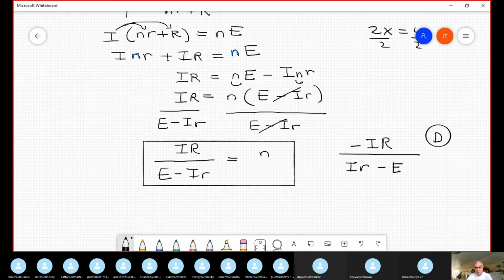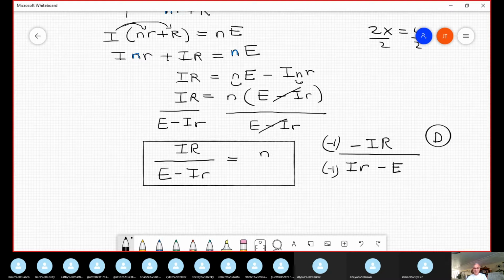If you multiply by -1 here, the negative disappears, and multiplying by -1 here changes the sign, so it is IR, and E positive, because negative and negative is positive, minus capital I R. This is the option.